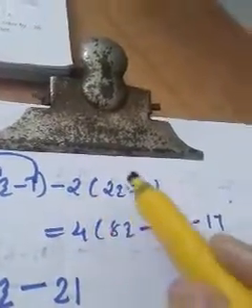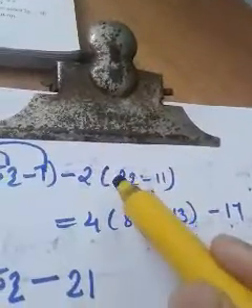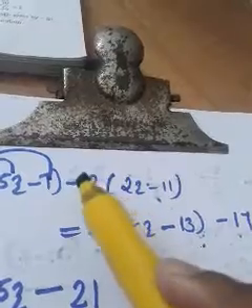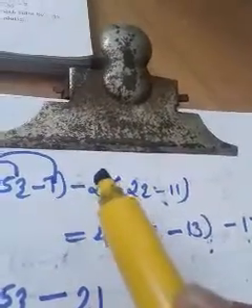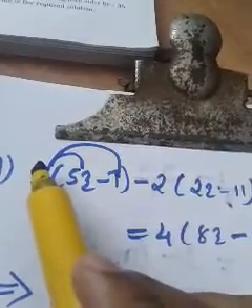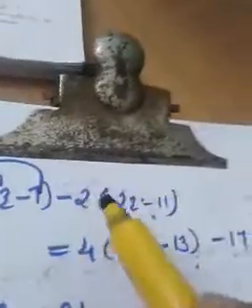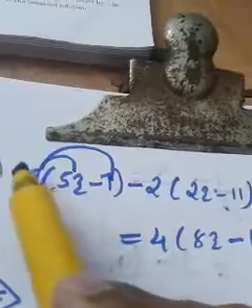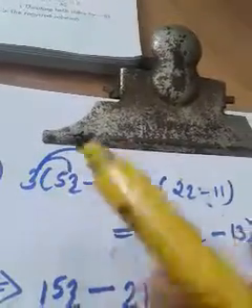But when you open the bracket here, which is the number outside the bracket? 2. No, not 2, it is minus 2. If the sign is plus, no problem, it will not create any problem.